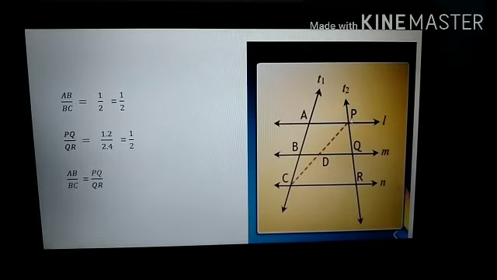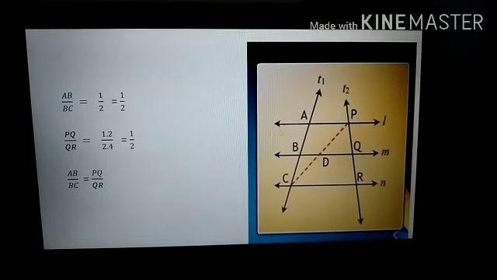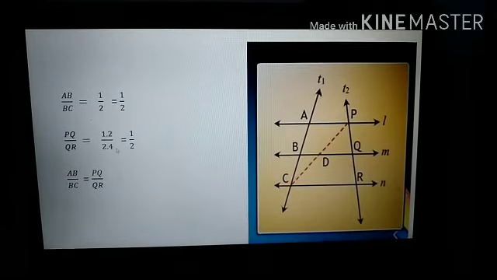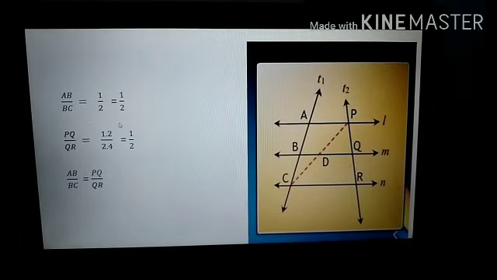Now, PQ distance I get as 1.2 and QR distance I get as 2.4. To eliminate the decimal point from the numerator and denominator, we multiply by 10. So 1.2 into 10 is equal to 12, and 2.4 into 10 is equal to 24.